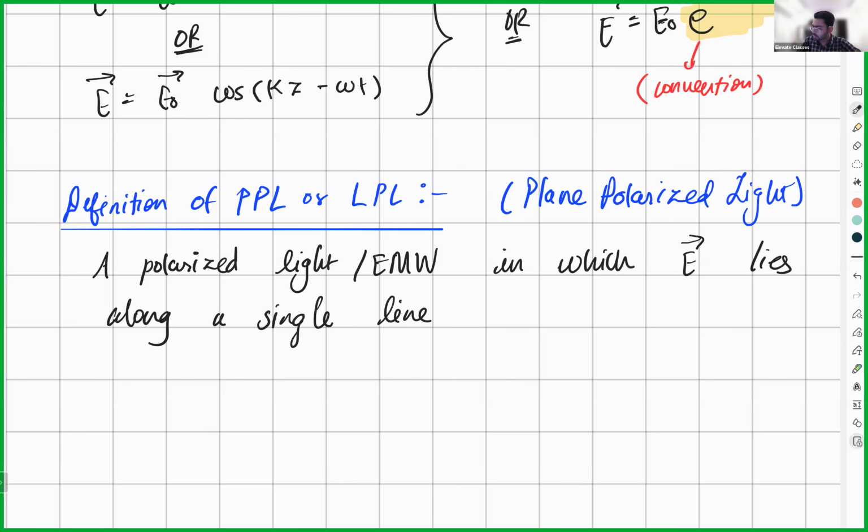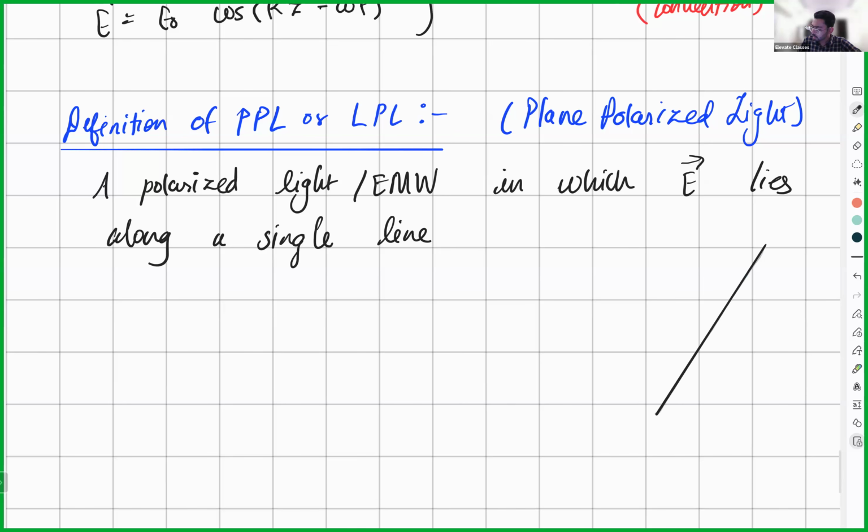Like for example, this is a single line. This is how the electric field will oscillate along the single line.